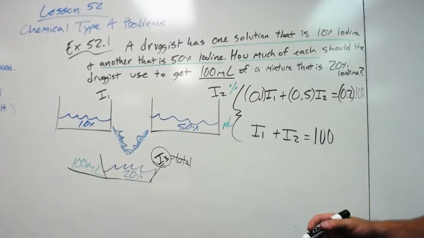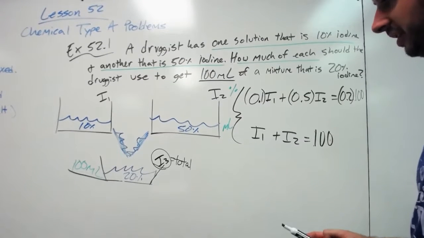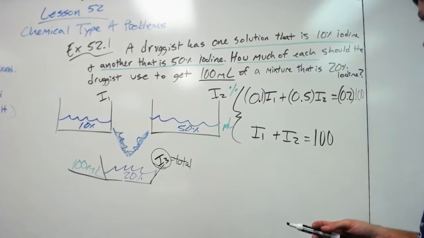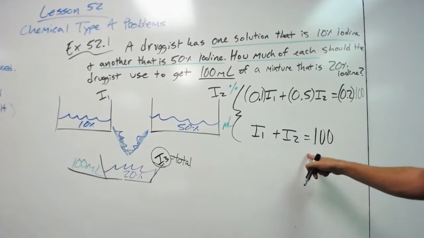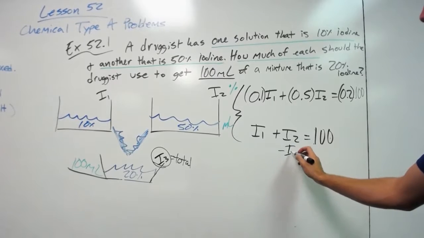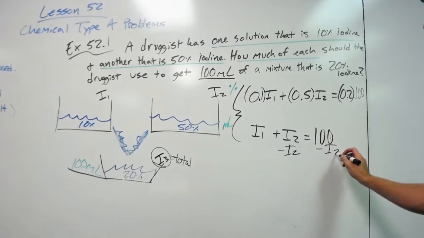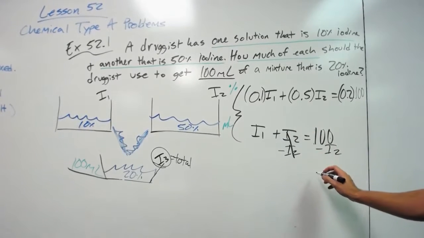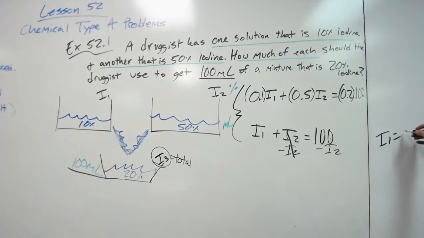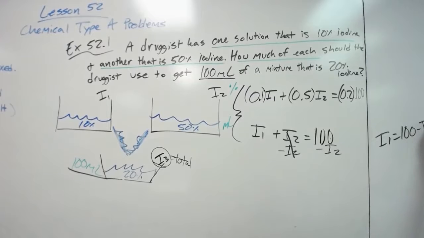Well, if you remember in Algebra 2, it oftentimes is going to come back to substitution and elimination. So what we could do from this point is subtract iodine 2 from both sides. So now we have iodine 1 equals 100 minus iodine 2.